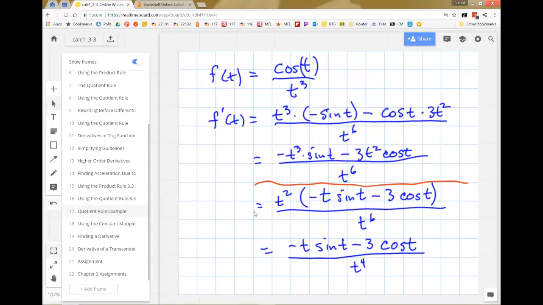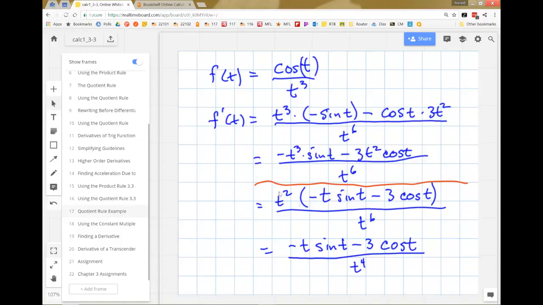All right, anyway, does everybody see how I got to the red line? All I did was execute the quotient rule, and then I just rewrote this as a multiplication. You might think that's as good as you can do, but do you notice that if I factor out t squared, which is the best thing I can factor out, this t squared can cancel with the t to the sixth?